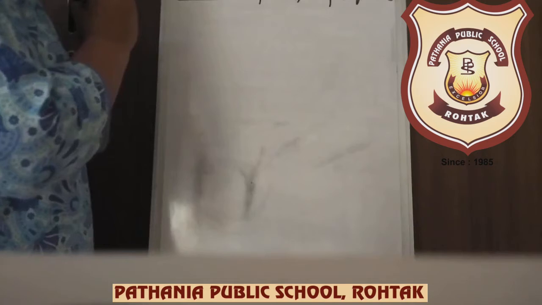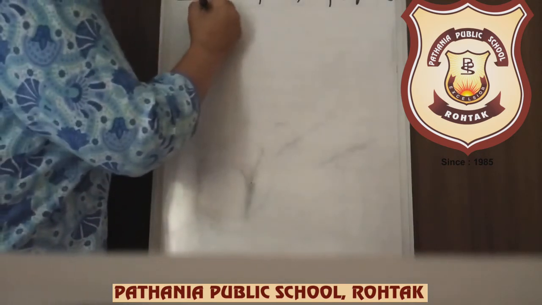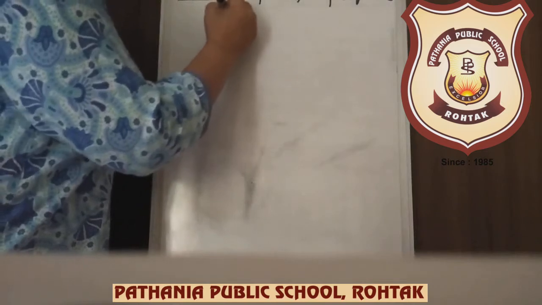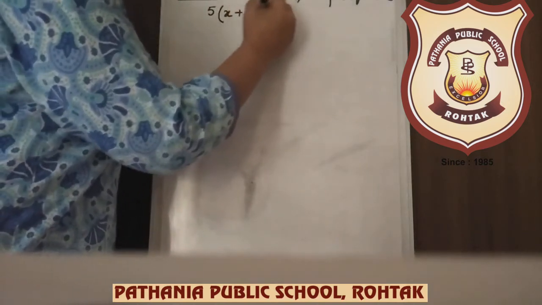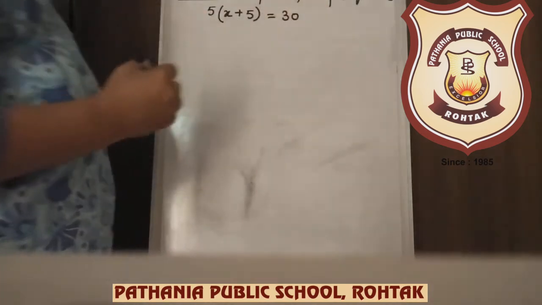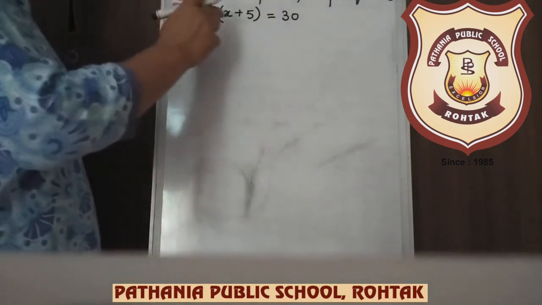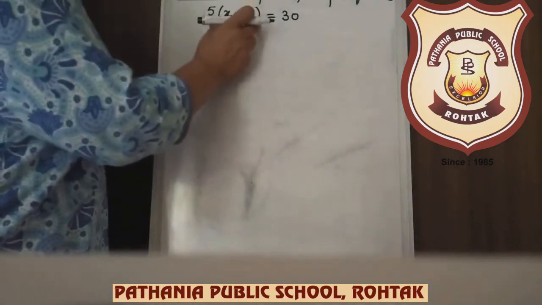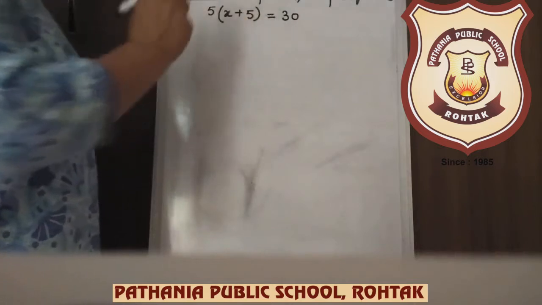Suppose you have an equation 5(x + 5) = 30. This is your equation. The first step is to simplify the left hand side because there is a bracket involved.